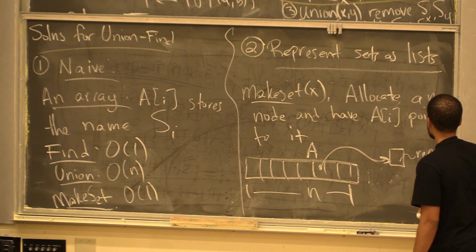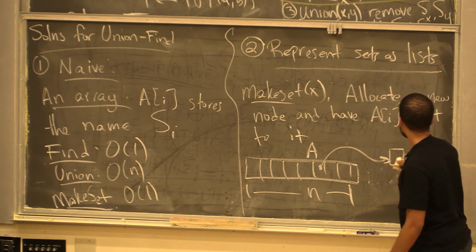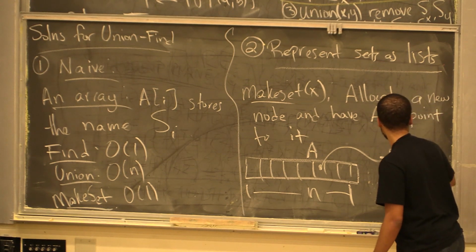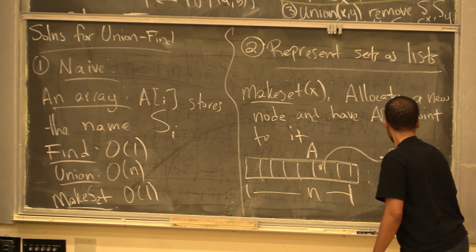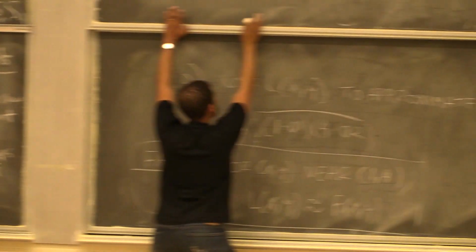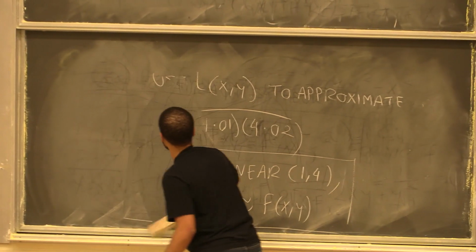Of course, now, I said I'm representing sets as lists, so over time, these linked list nodes might start pointing to each other. And in fact, let me make it a doubly linked list. So over time, what the picture looks like is I'm representing my collection C as a collection of separate, disjoint linked lists.